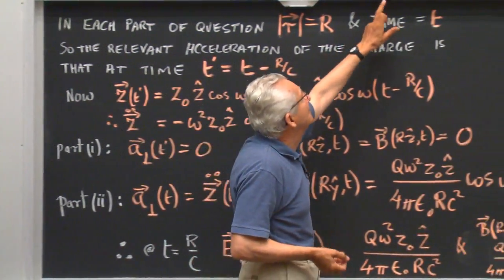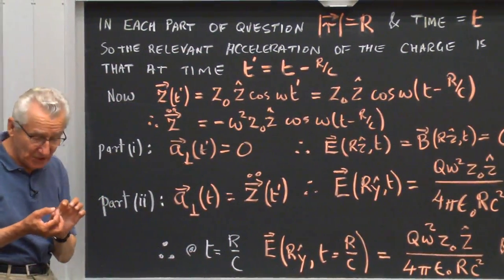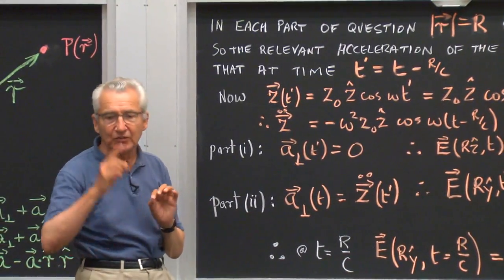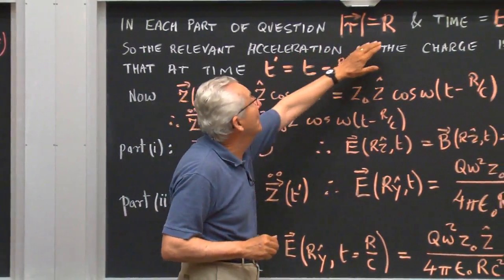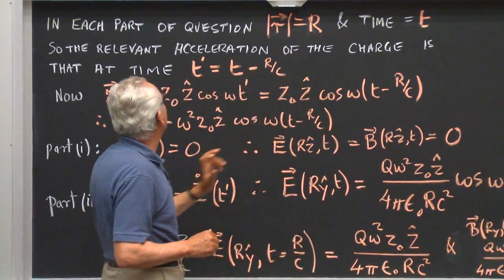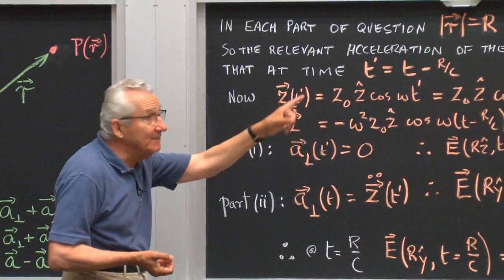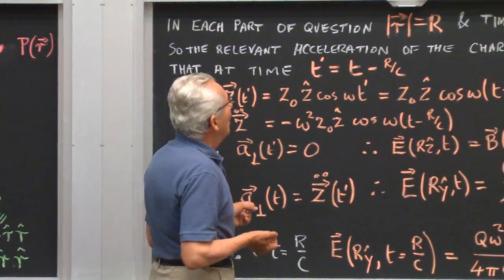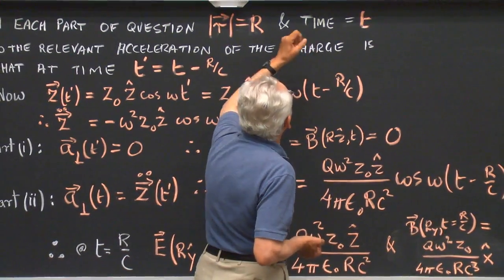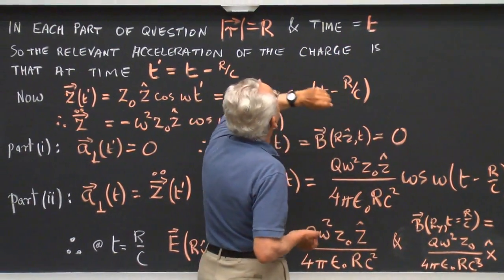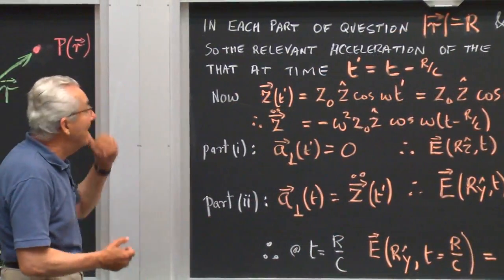Because r is very much greater than z0, the distance from the accelerated charge to where you want to calculate the electric field can be assumed constant, r. So in all parts of this problem, you are the same distance away, but at a different angle. And in all cases, we are asked to find the field at some time t when this is oscillating.